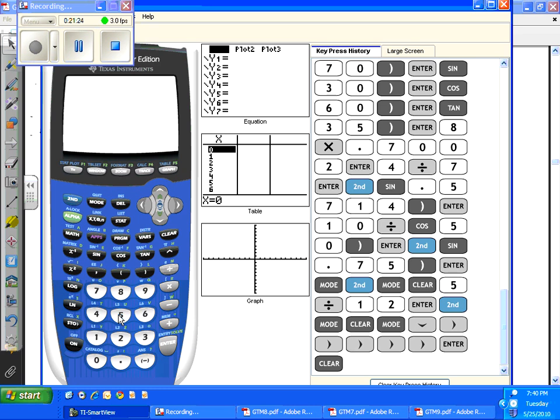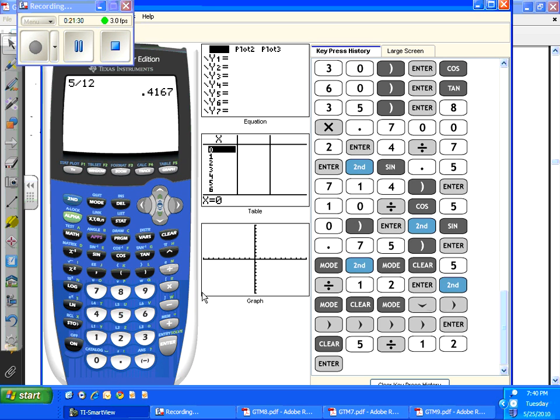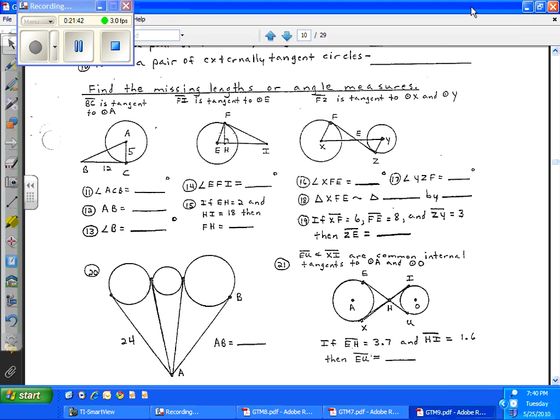Okay, so watch this. Now we're going to do that again. 5 divided by 12, enter, and then it rounds it for us to 4 decimal places. I wanted you to know how to round before we start using the calculator to round, so I waited this long. 0.4167.